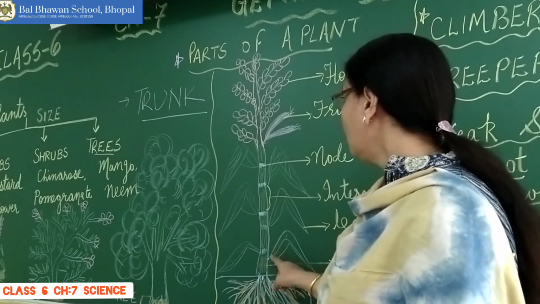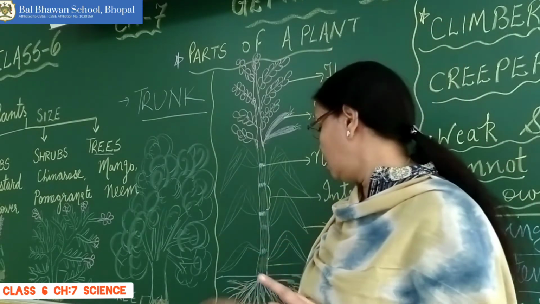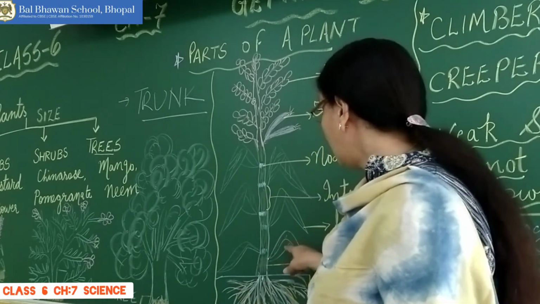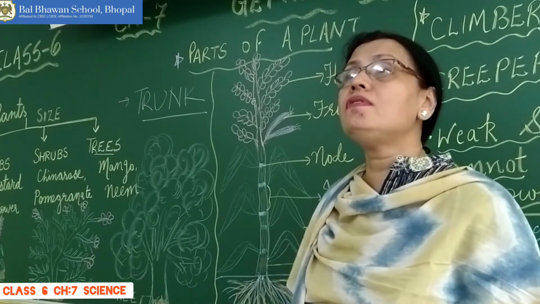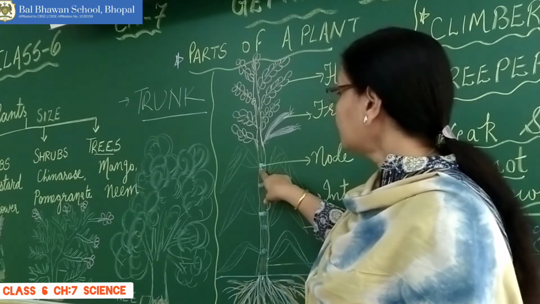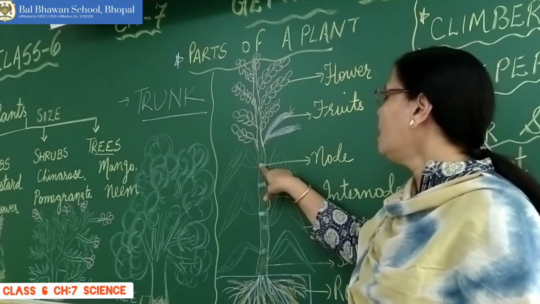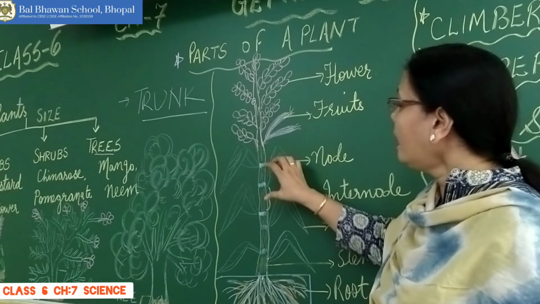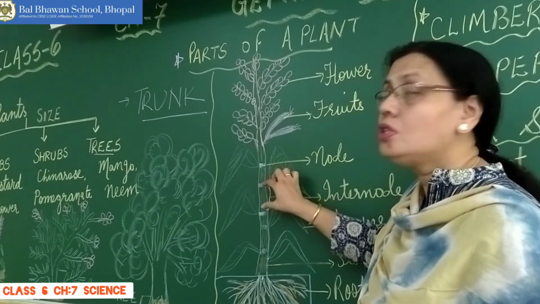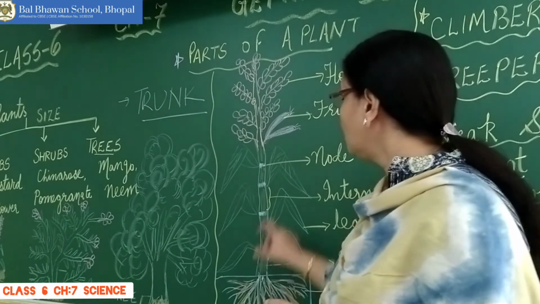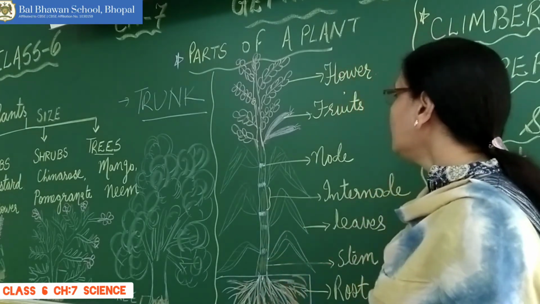Now coming to that part of the stem on which leaves and branches arise. That part is called the node. As you see in this diagram, the part from which the leaf is arising is called the node. And the distance between two nodes is called the internode.